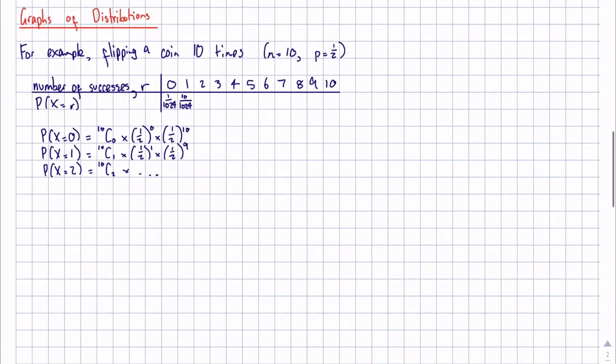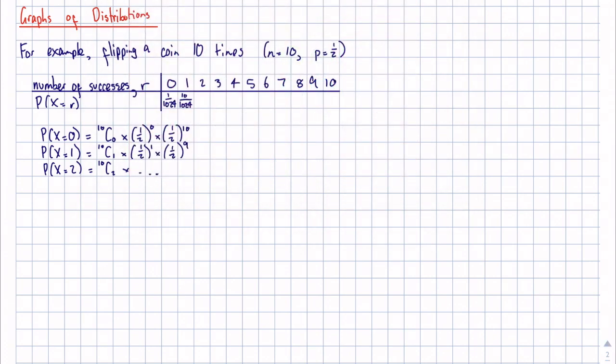All in all, if I were then to graph this, the y-axis is the actual probabilities that it came out as that, and this is the number of successes I wanted. And I had 0, 1, 2, 3, 4, 5, 6, 7, 8, 9, 10.